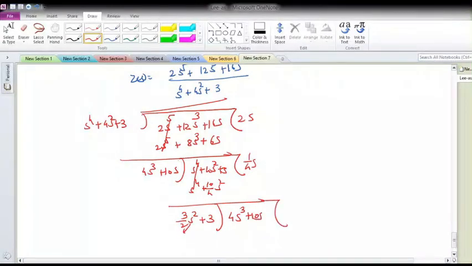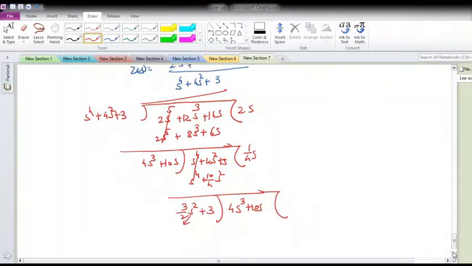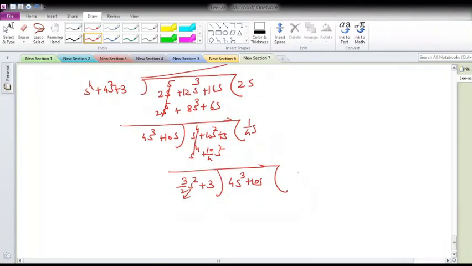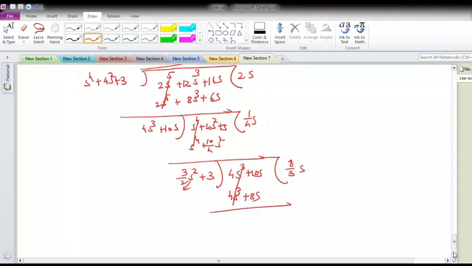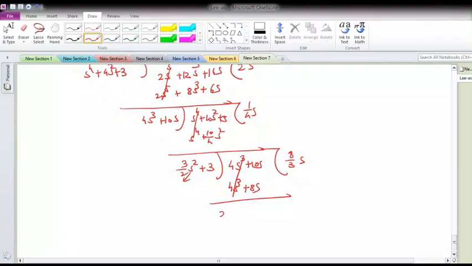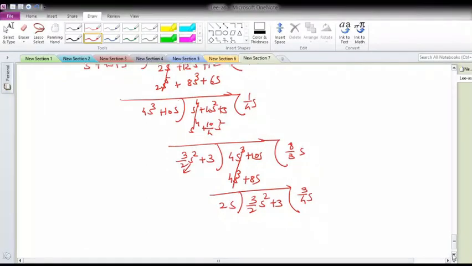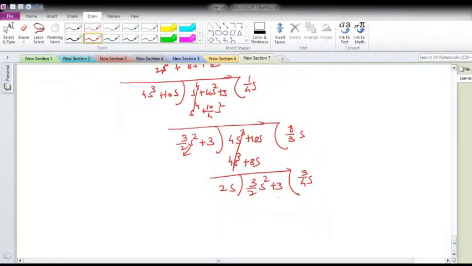Now again you divide, so it will be 8 by 3s, so it is 4s cube plus 8s, this will vanish, then what is remaining is 2s, so this 2s you take as divisor and the dividend is 3 by 2 s square plus 3, so this will now be 3 by 4s. So if it is 3 by 4s, it will be 3 by 2 s square.